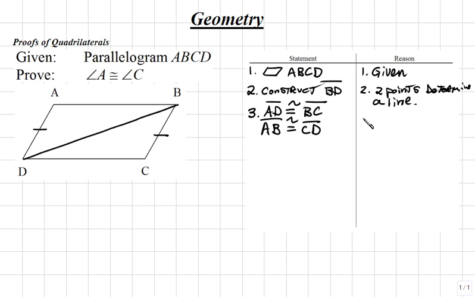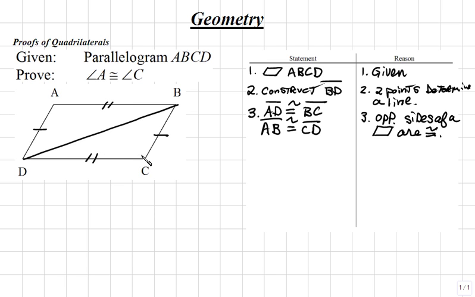Again, the reason why these segments are congruent is that opposite sides, which we'll abbreviate as OPP, sides of a parallelogram, which we'll abbreviate as the symbol parallelogram, opposite sides of a parallelogram are congruent. So AB is also congruent to DC, so we'll label this with two tick marks.